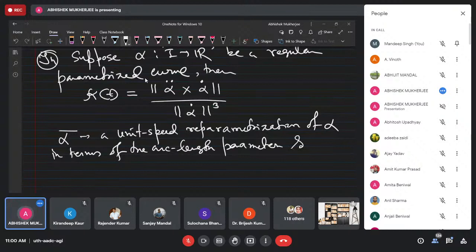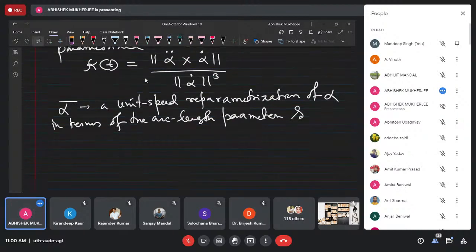Whenever we differentiate with respect to the parameter small s, we denote it by dash, and whenever we differentiate with respect to the parameter t, it is denoted by dot.